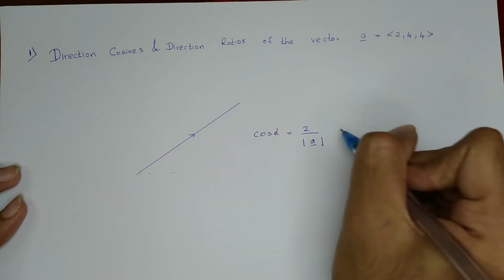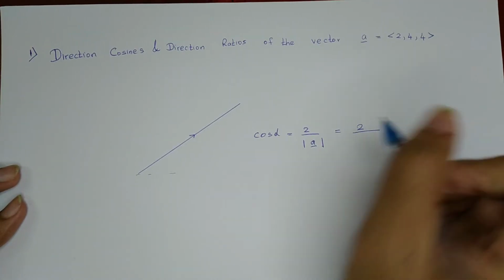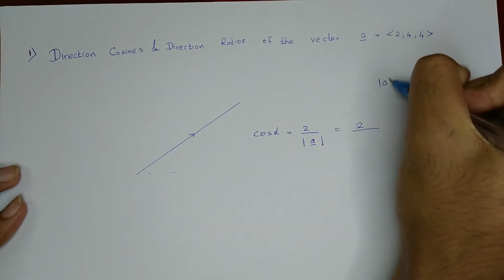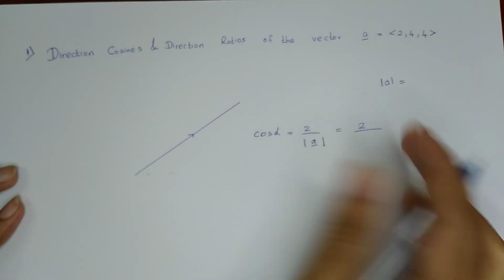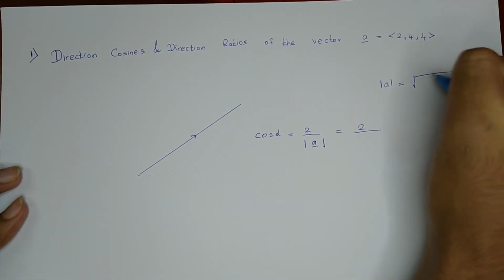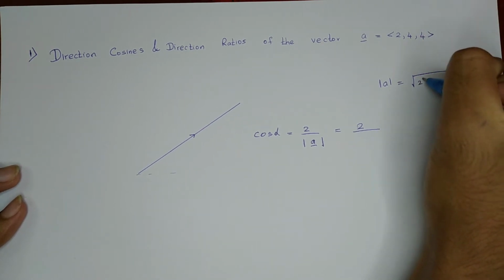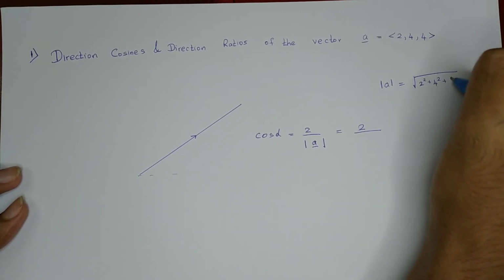You can directly find the mod of a vector, which means the length of the vector, using the root of 2 squared plus 4 squared plus 4 squared.